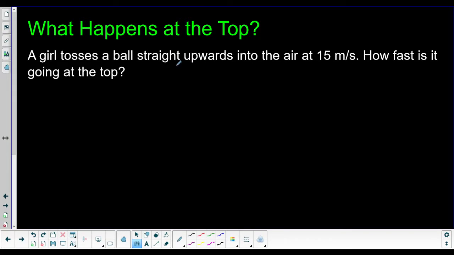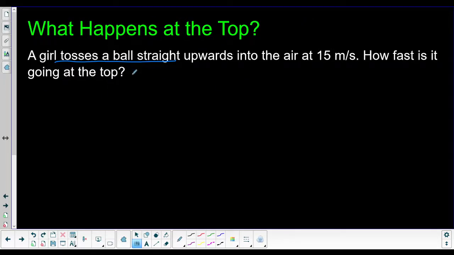If you're not familiar with tossing something straight up and having it fall down, go grab your mom's nicest piece of glassware and go out back and toss it up and catch it. And see how long it takes her to freak out. Or alternatively, a ball or something else. But we're going to look at this example.